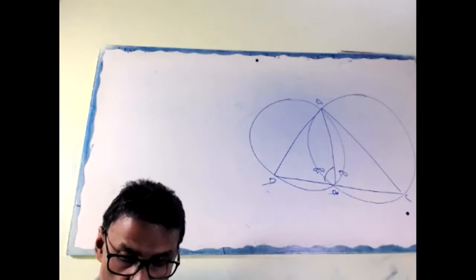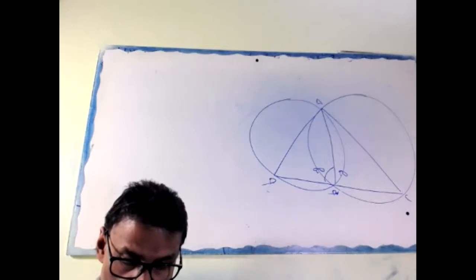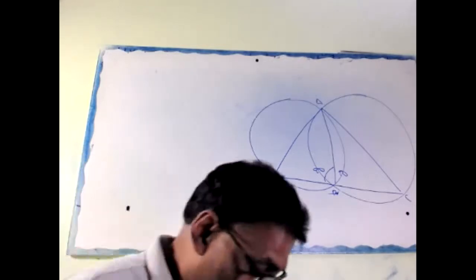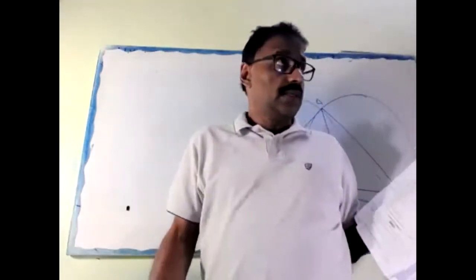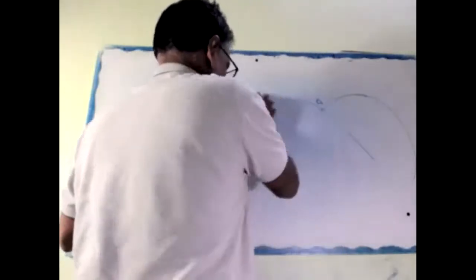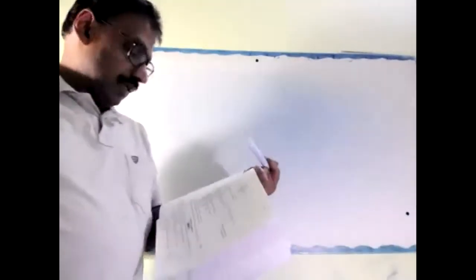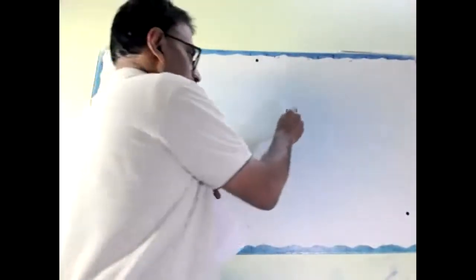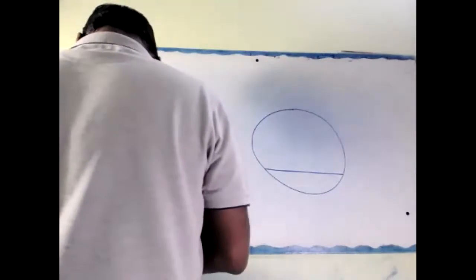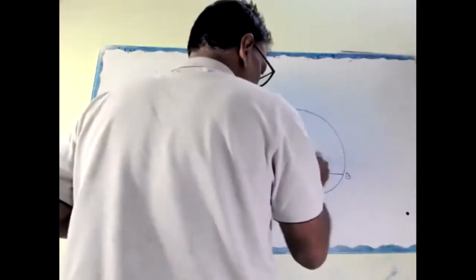Okay, look here. The chord of length 10 centimeter is AB.